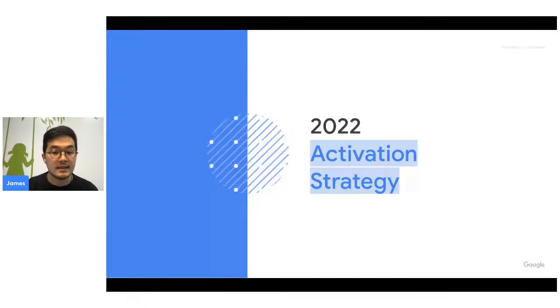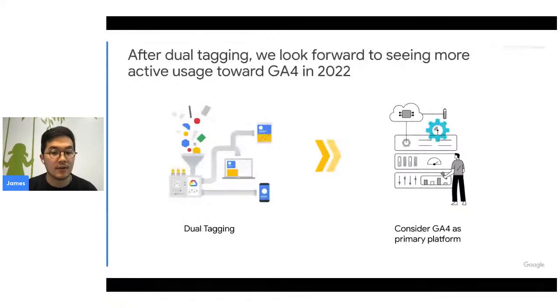This year, we are asking our advertisers, our existing classic GA users, to do dual tagging on their website, which means they don't need to remove the tags. We would like to add one more tag, the GA4 tag, to their website so that they can collect all the information and enjoy early access to GA4.